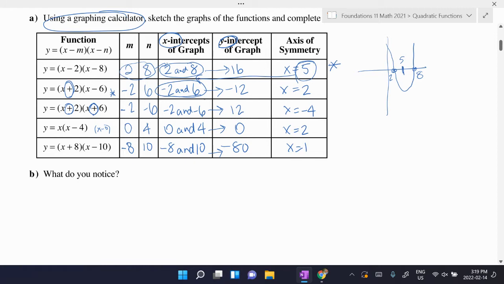The point right in between both of those is 2. Negative 2 and negative 6, right in between is negative 4. 0 and 4, right in between them is 2. Negative 8 and 10, the point is 1. Now, if you can't see that on the graph, if you don't see that with the numbers, come and chat with me so I can explain it more, okay?